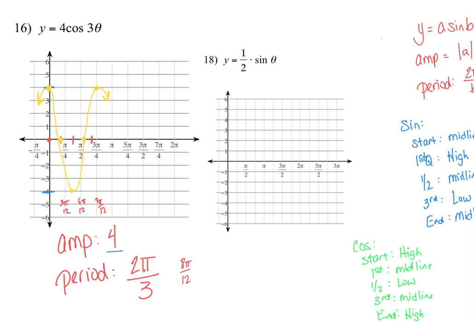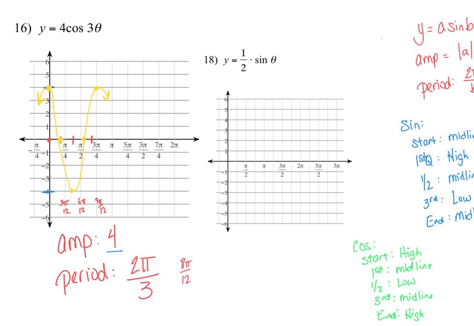All right, let's look at sine. 1/2 the sine of theta. So I'm going to do my amplitude and my period. That's what it's asked for. My amplitude is the number in front of my trig function. So what is my amplitude here? 1/2, right?